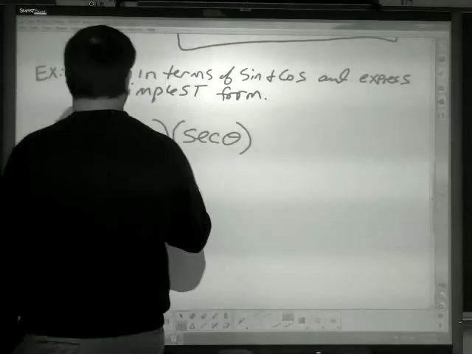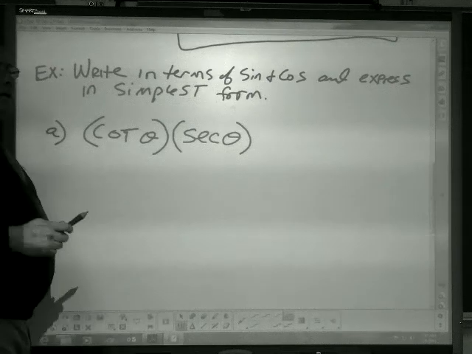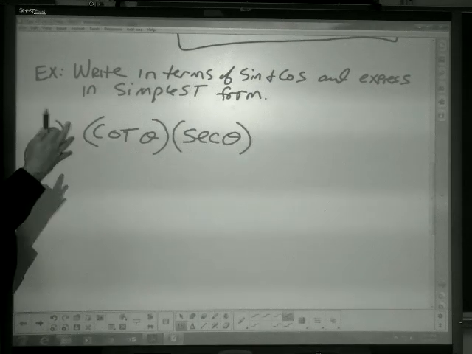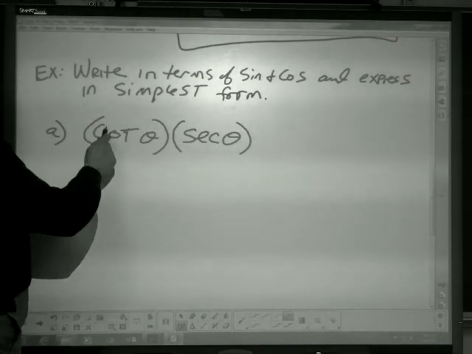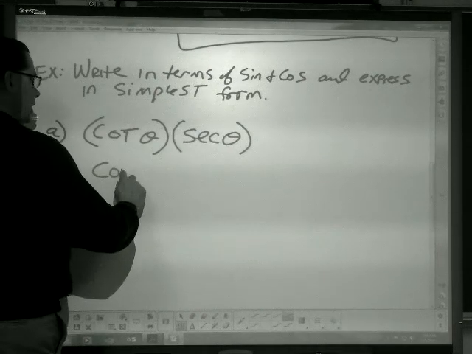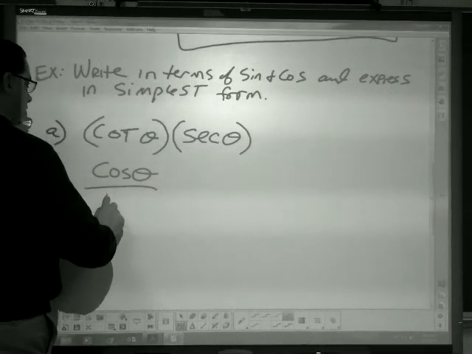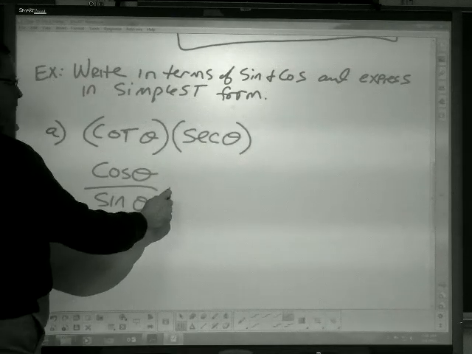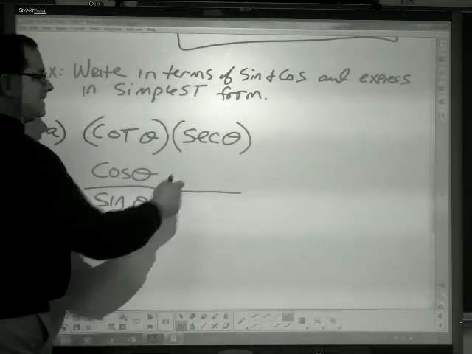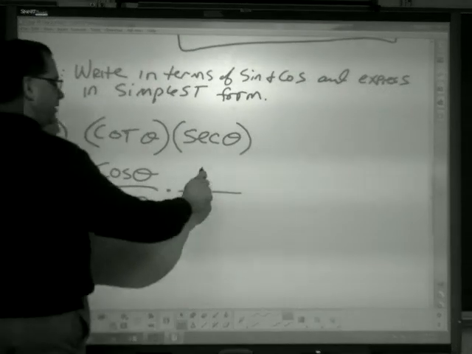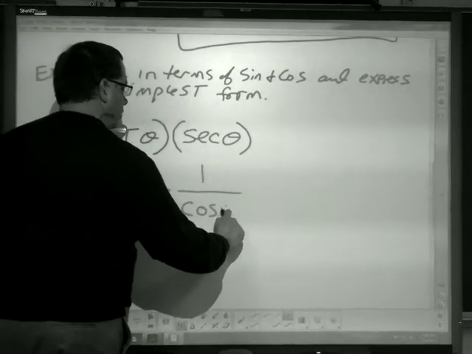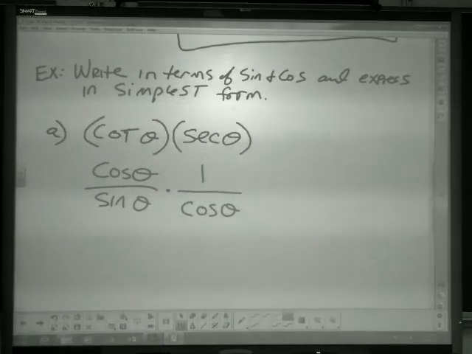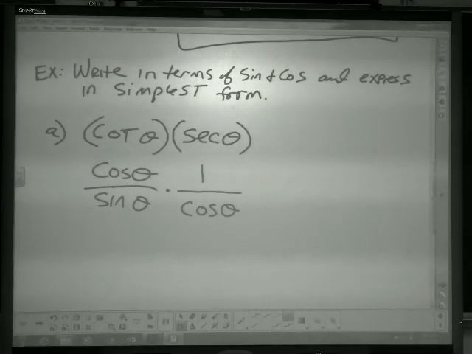So let's start out. Cotangent. It's not going to do me any good to write this as 1 over tangent. I need to write it in terms of sine and cosine. So I'm going to write cotangent as cosine theta over sine theta. Implied multiplication here. Secant theta, that's 1 over cosine theta. Now we have to remember our rules for fractions.